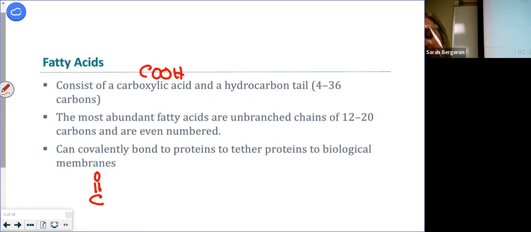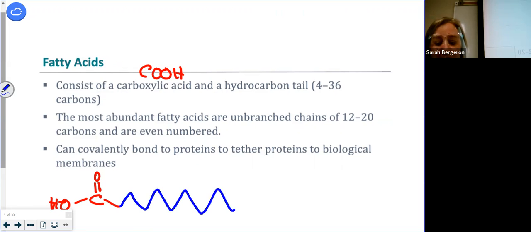I have a carbonyl bound to a hydroxyl, and then some R group, right? That's a carboxylic acid. So what is the hydrocarbon tail? We take the R away, and instead of calling it R, now we're just going to give it a hydrocarbon tail, right?